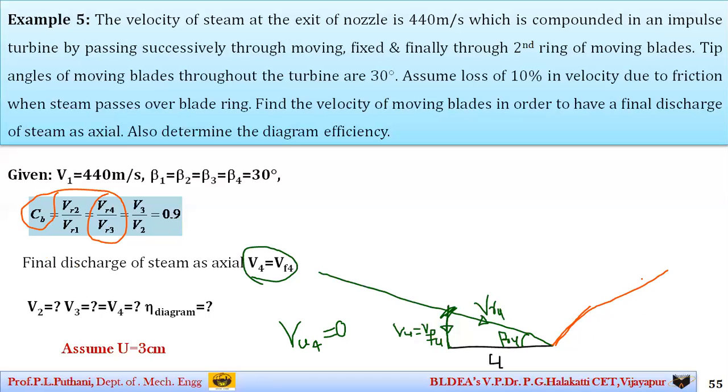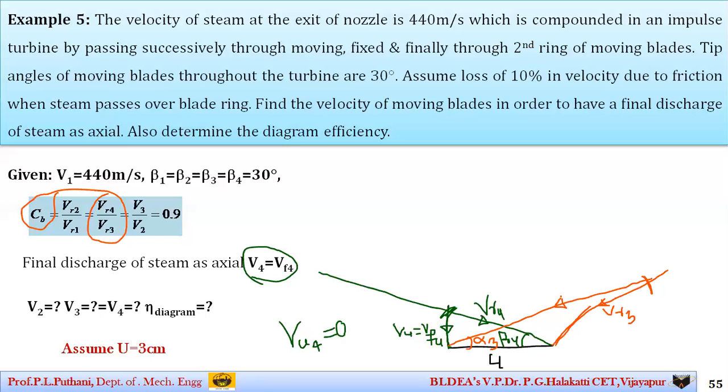I will cut somewhere here the value of this particular line, that is VR3, and I will join to the other end to get the value of alpha 3.